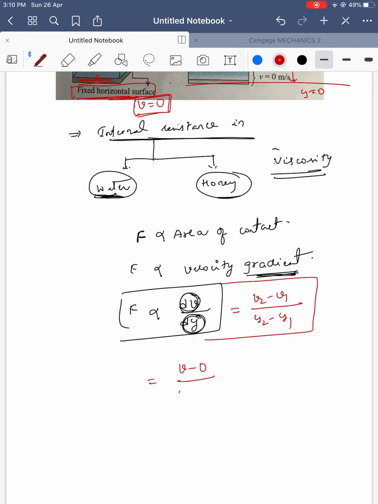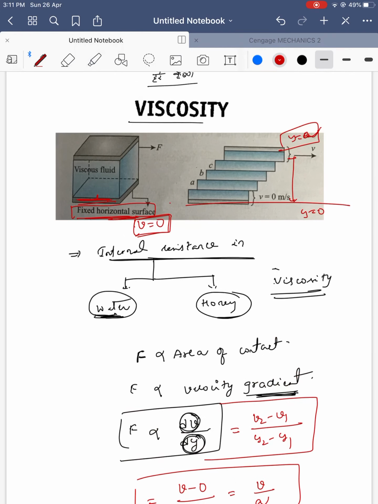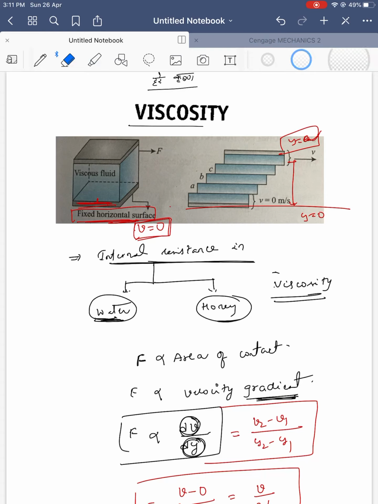So y2 is equal to a, minus y1 equal to 0. Velocity gradient is equal to v by a. I am just giving you an idea. In some cases the surface is not fixed.